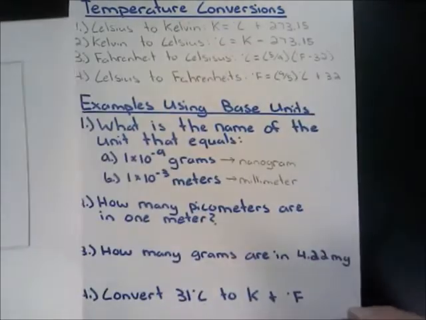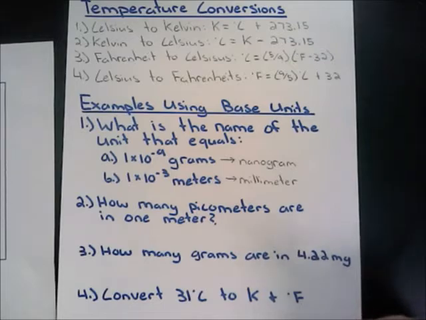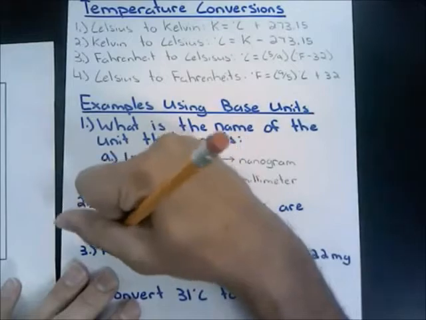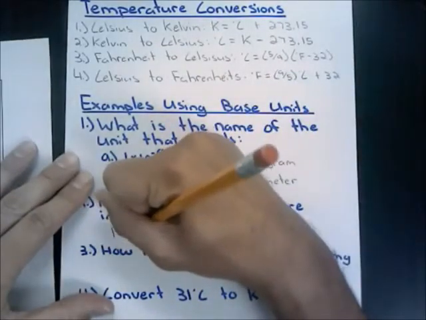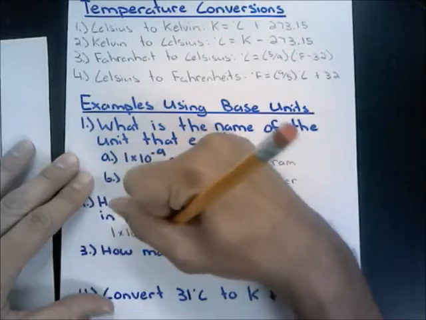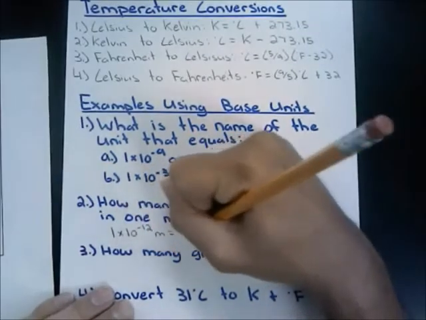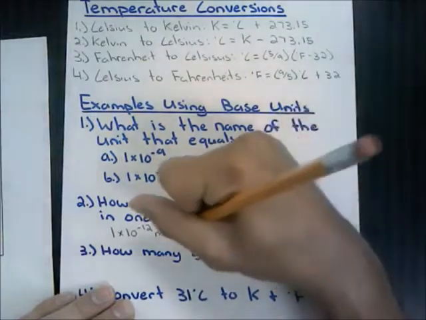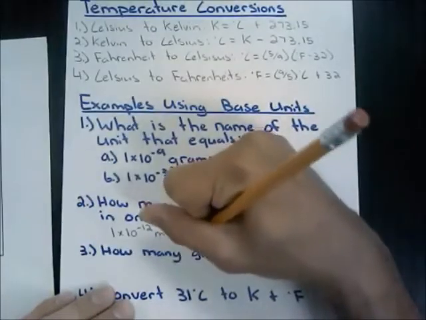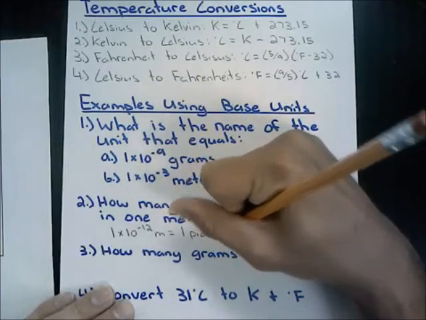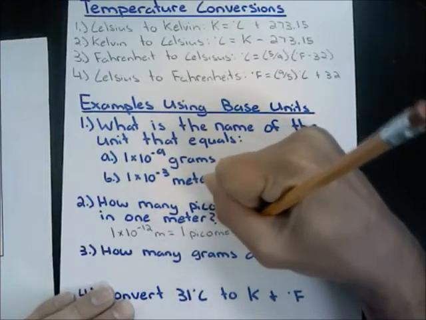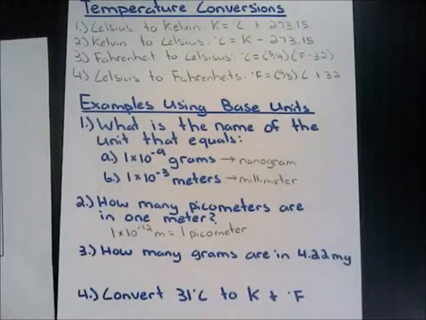So this means that we have 1 times 10 to the negative 12th meters equal to 1 picometer.